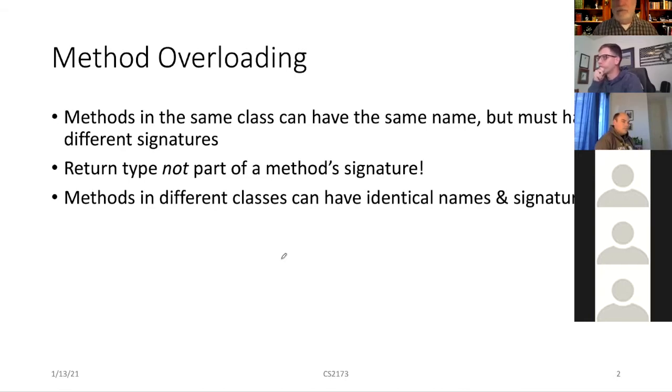So that's not overloading or overriding. They're just different methods that happen to have the same names and signatures. That's absolutely legal. Within a class, however, I cannot have two methods that have the same name and the same signature. And that should be fairly obvious.